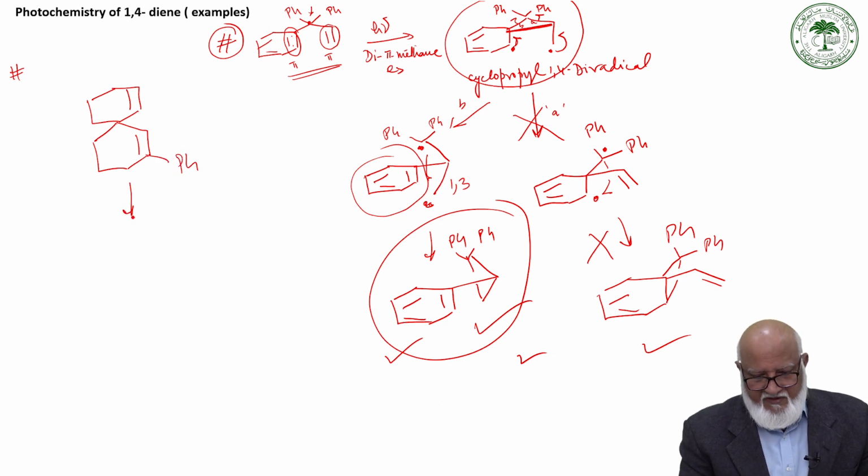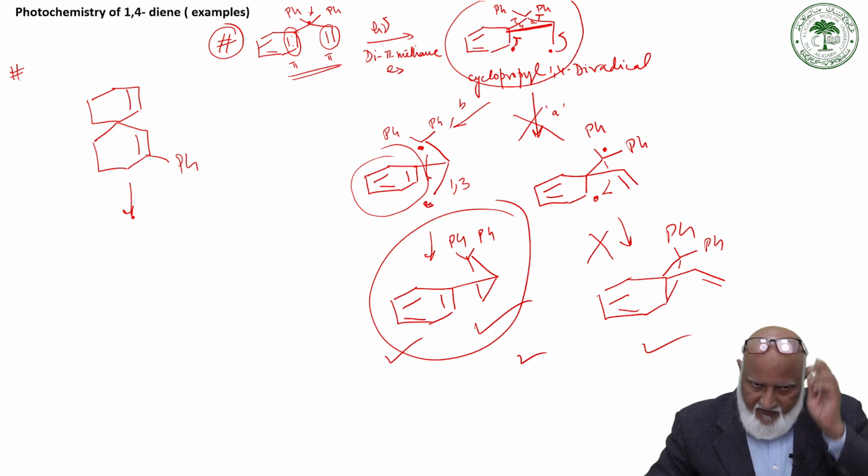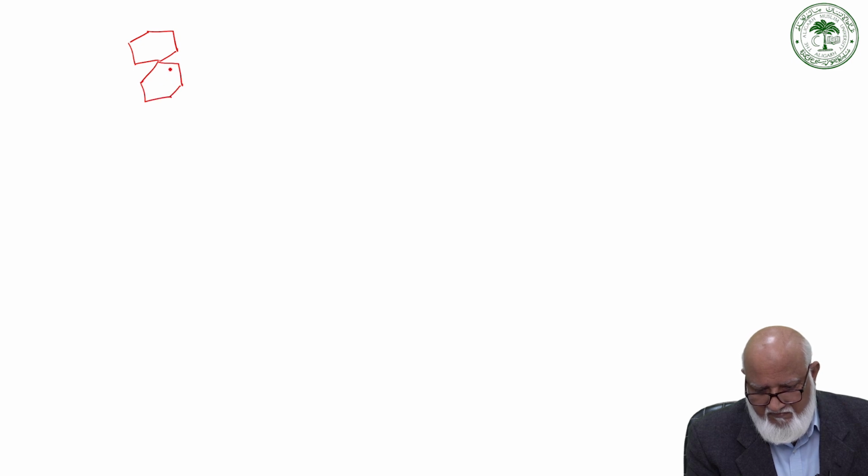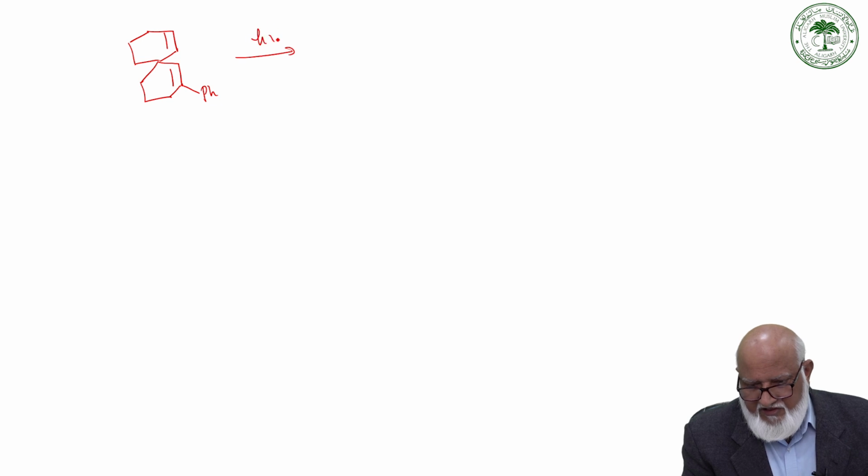So as we have mentioned, the photochemistry of organic compounds depends upon the type of chromophore present. This is the starting material.